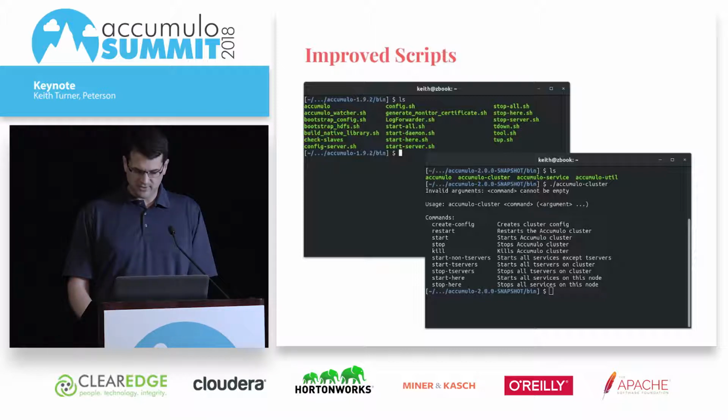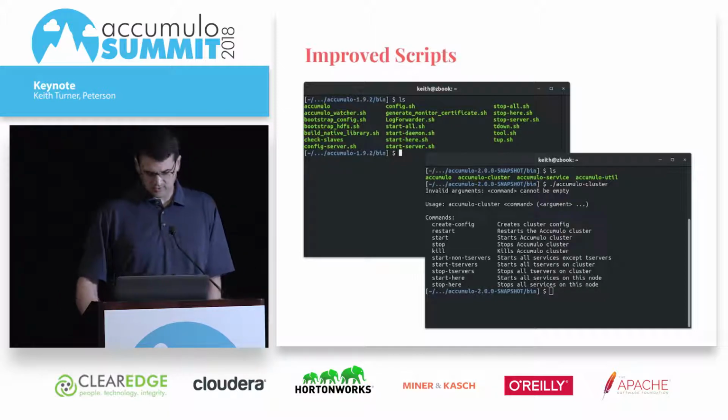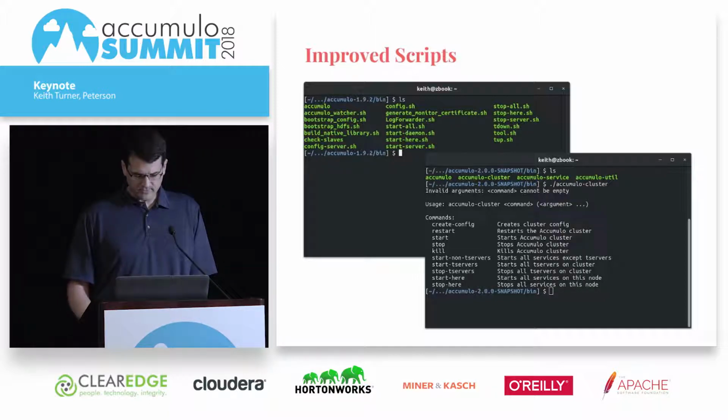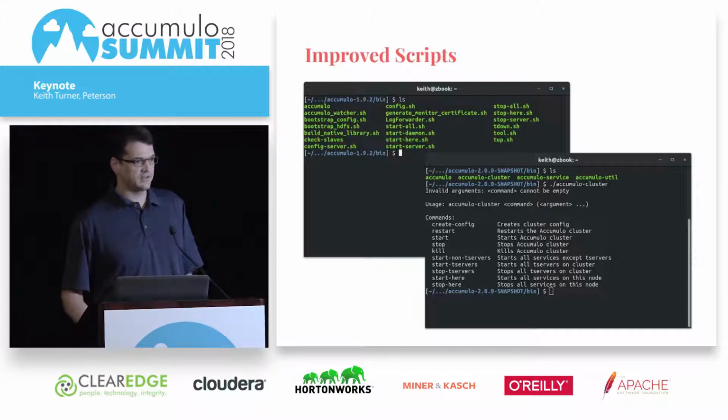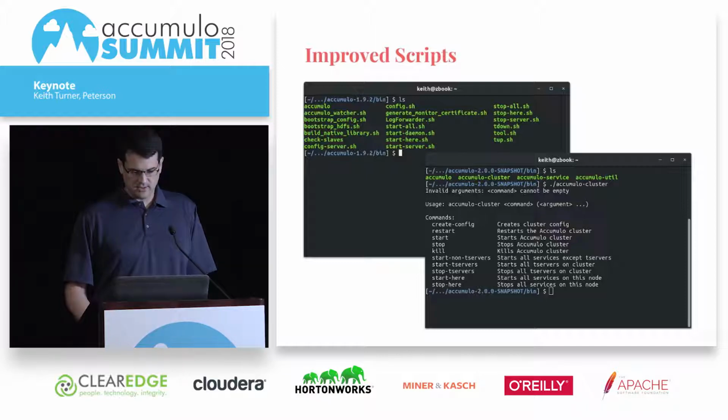I don't know if there was an analog to restart, but accumulo cluster start would have been analogous to the start-all script. So this is much nicer. It could cause compatibility problems for any automation that's relying on the scripts. So that's the type of thing that needs to be done in a 2.0 release.